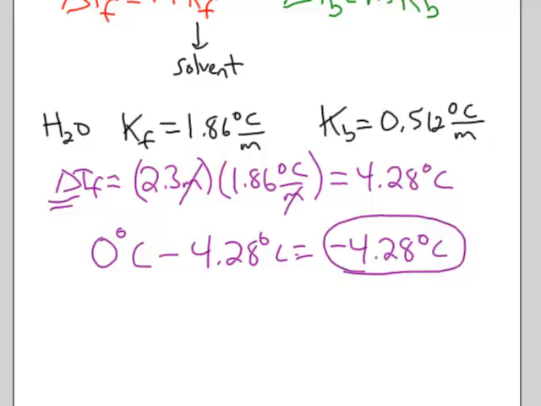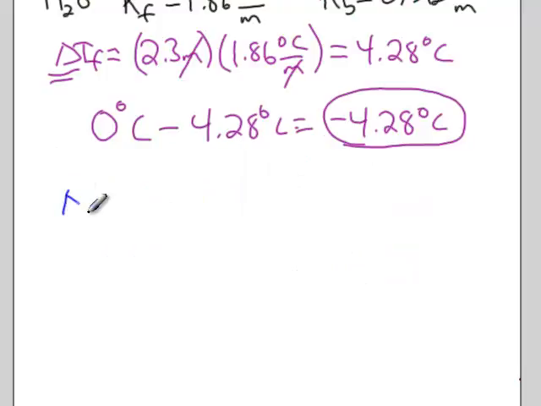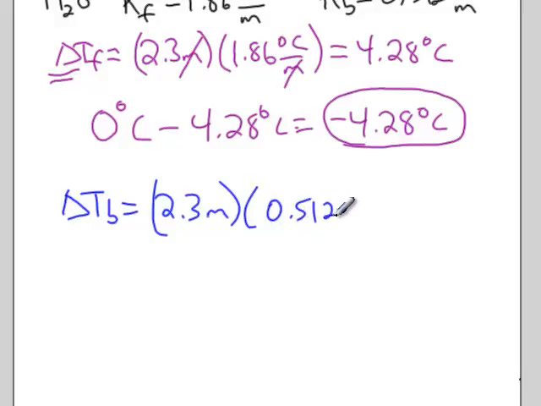We do the same sort of thing with the different constant for change in boiling point. The ethylene glycol molality is still 2.3. The constant for boiling, 0.512, gives us 1.18 degrees Celsius.